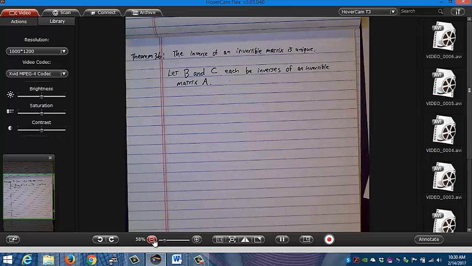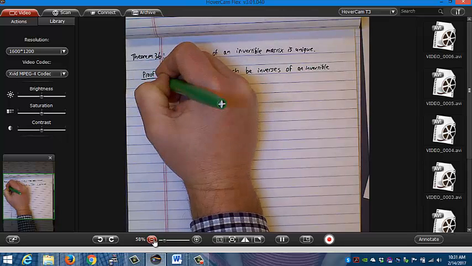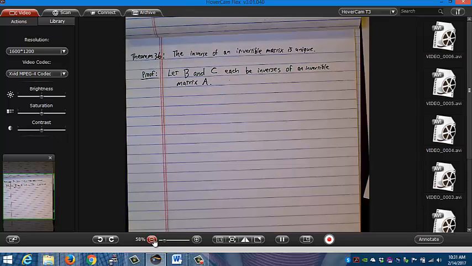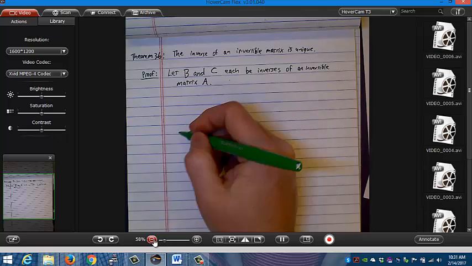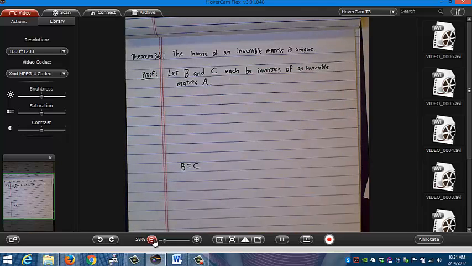So this is the proof. What is it I'm trying to show? Yeah, basically down at the bottom here, I'm going to say that B equals C. That's my goal. I'm trying to show that B equals C.